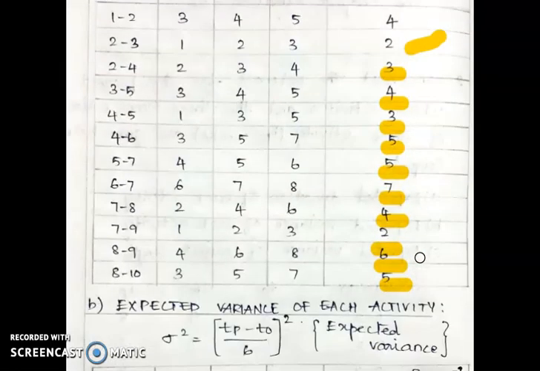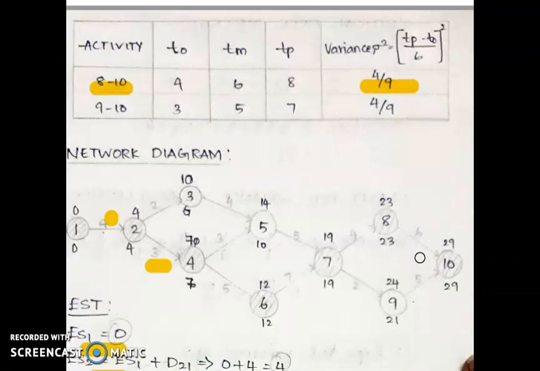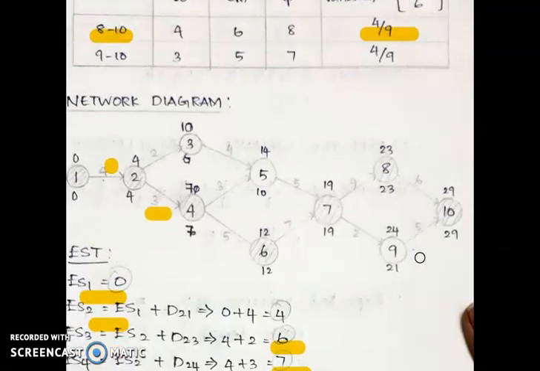Before going to the analysis, one more important thing: before problem solving, the first point is that we should draw the network. This network diagram is very important, because it connects the relationship between one node and another: the correct precedence relationship or immediate precedence relationship.